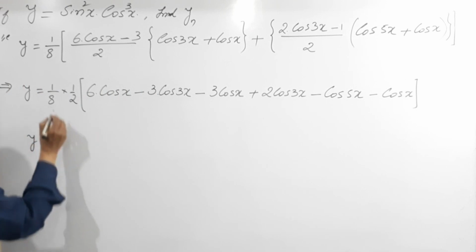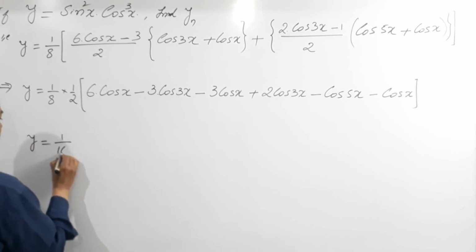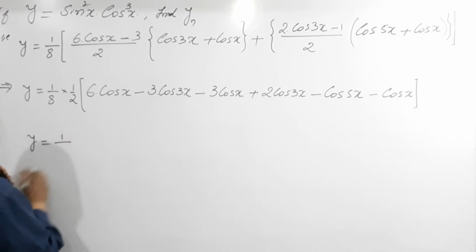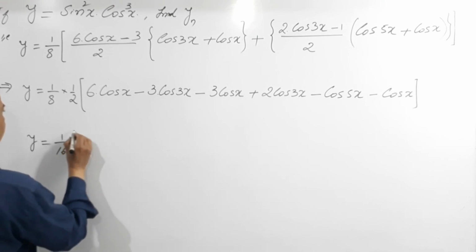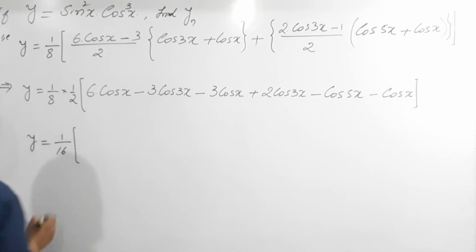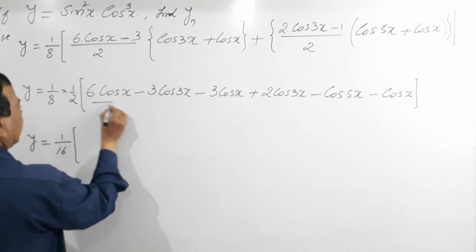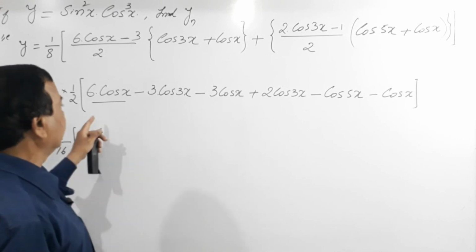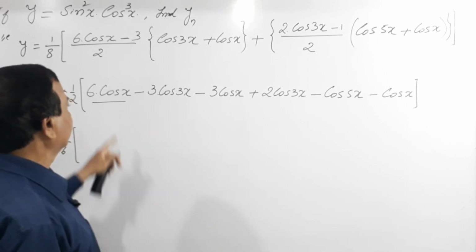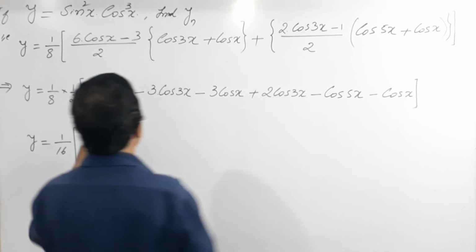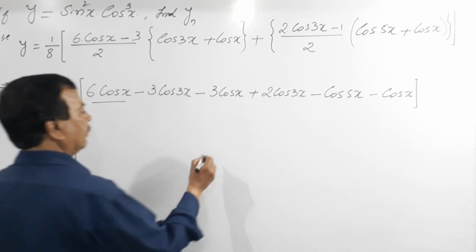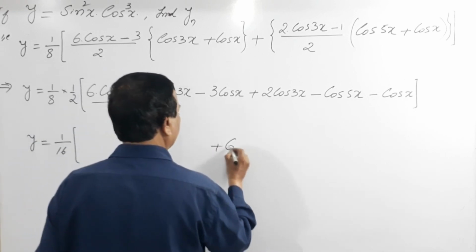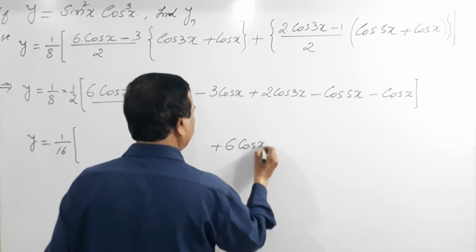y equals 1 by 16. Here we have 6 cos x, and here we have plus 6 cos x.